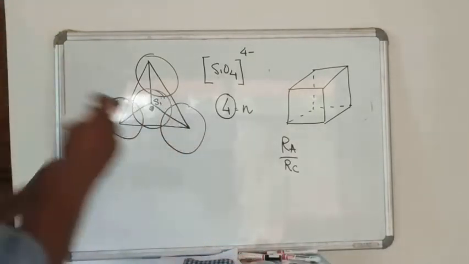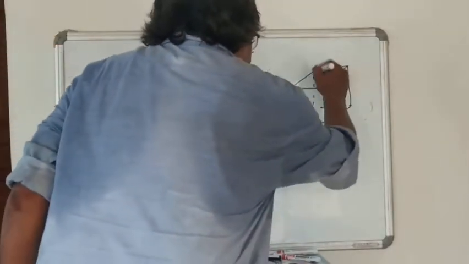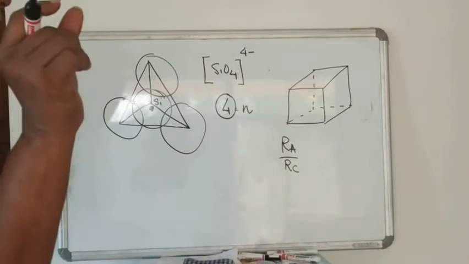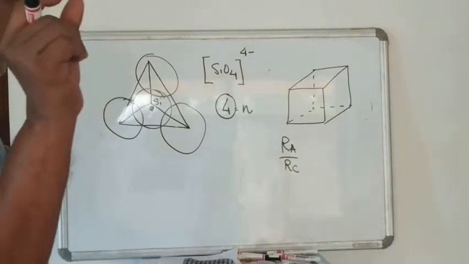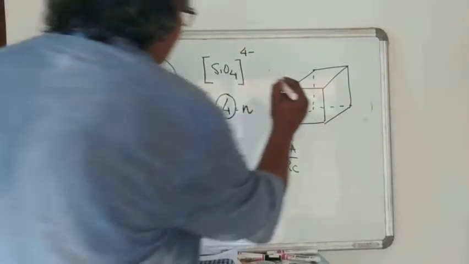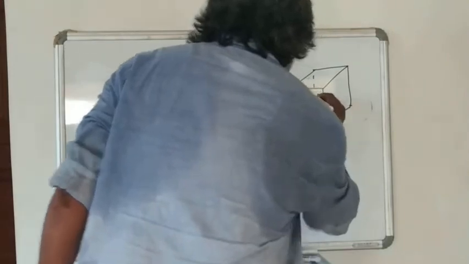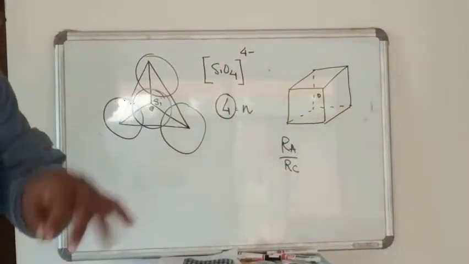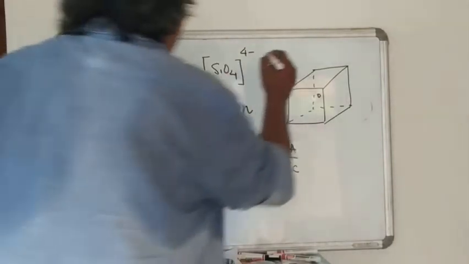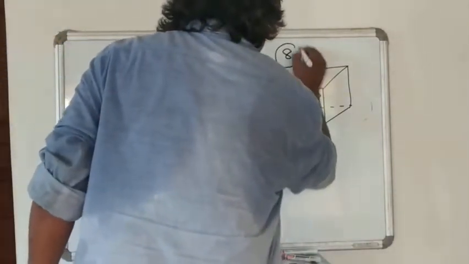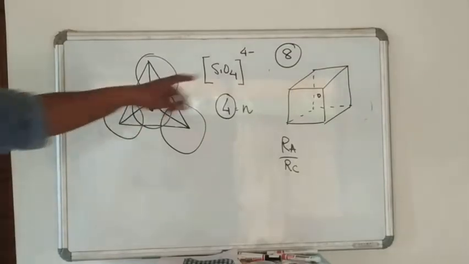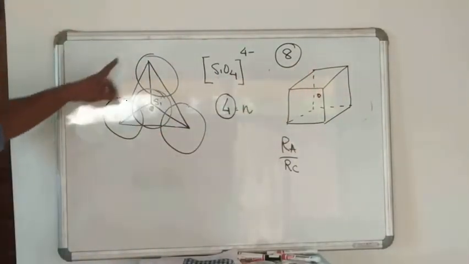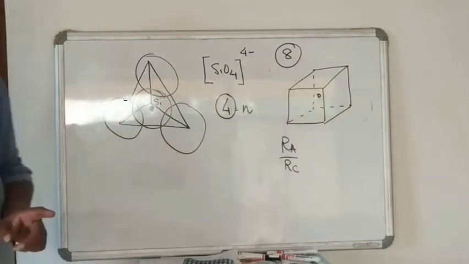So inside, where the long diagonals intersect, there will be a small cation which lies at the center, surrounded by 8 oxygen atoms. And then the coordination number becomes 8. And this is called a cubic coordination. This is called a tetrahedral coordination.